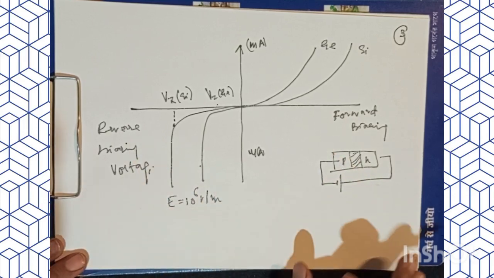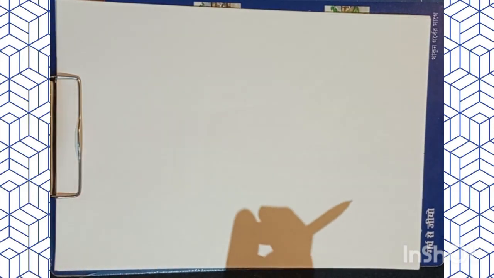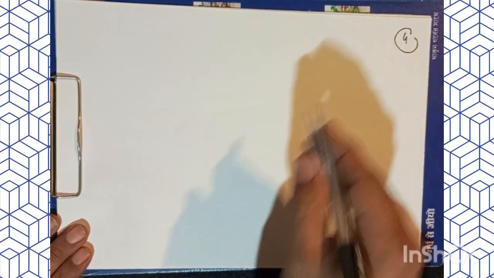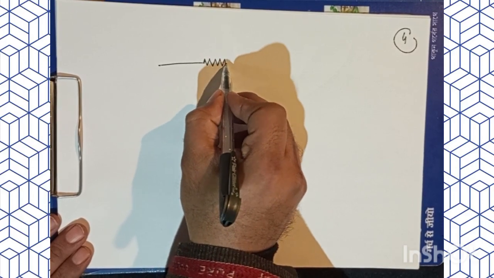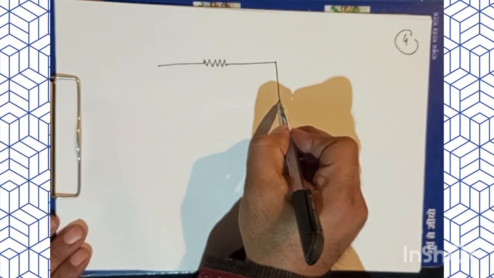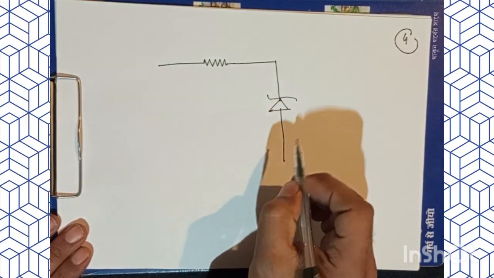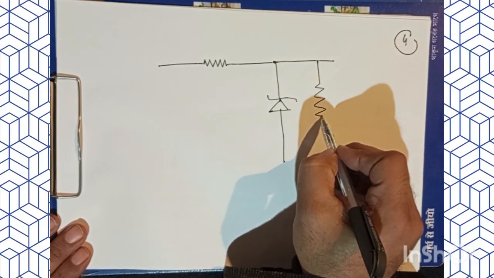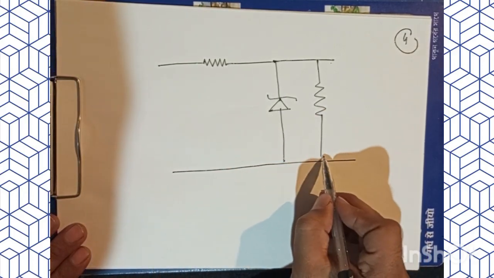Now, the next important thing linked with this zener diode is that we use the zener diode as a voltage regulator. To demonstrate that, we choose a circuit like this: we have a resistance, a zener diode, and a load resistance RL, and we connect it like this.